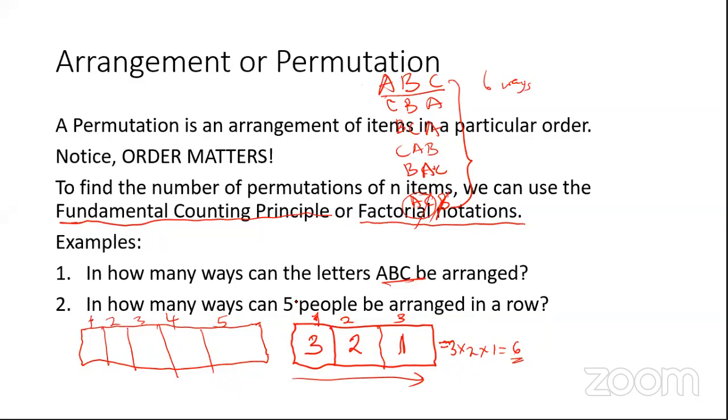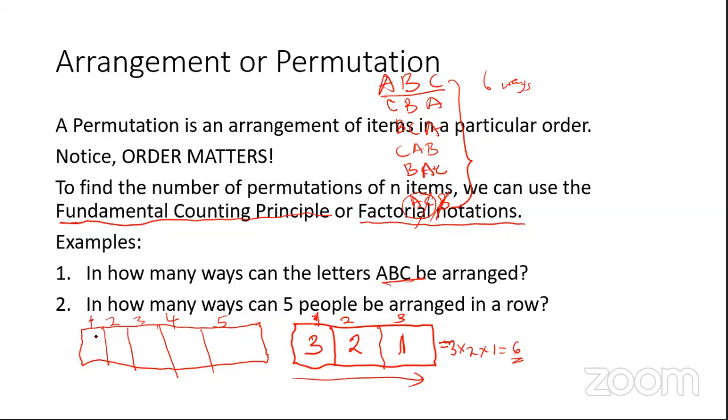Now, if I'm the one to arrange them, for example, I say we line up. I will be thinking, who should I put in the first position? Okay, I can put this one, I can put this one. If you look at it, I have not less than 5 options.